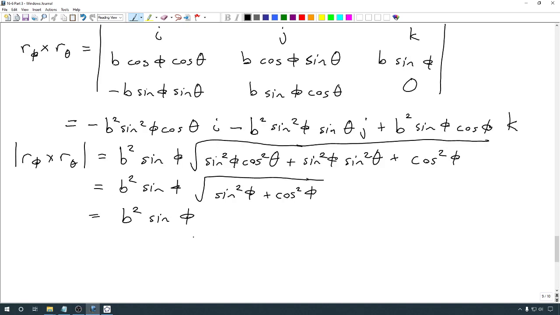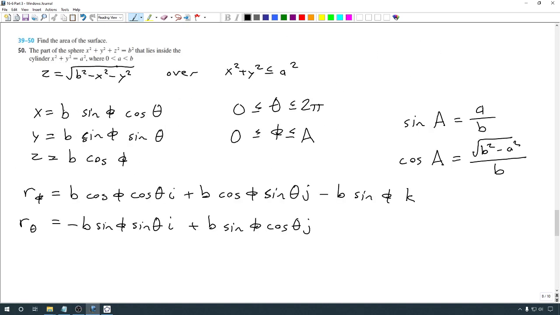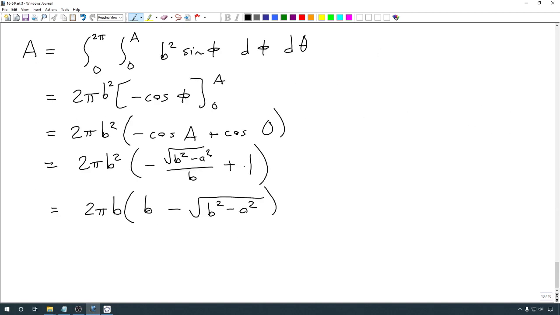If you wanted to do it directly and just use z equals the square root of b squared minus x squared minus y squared and integrate using polar coordinates over this, you can go ahead and do that. The integral there is a little complicated. Not too bad. It just comes down to a substitution, but you will get the exact same result.